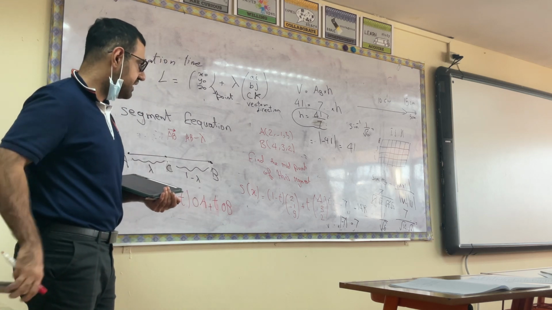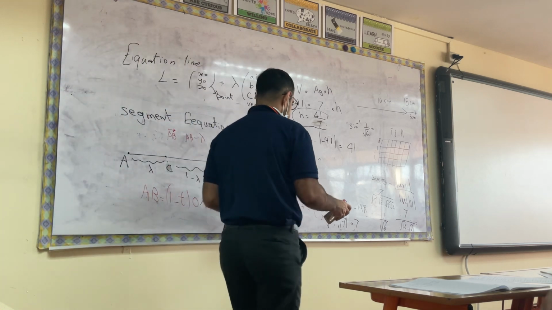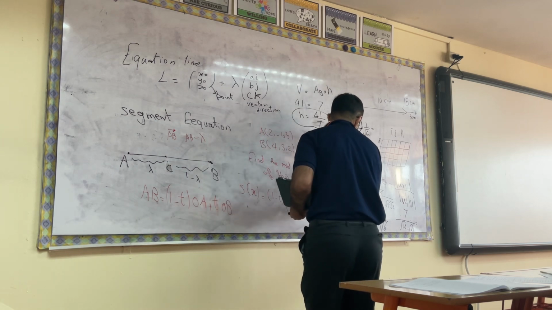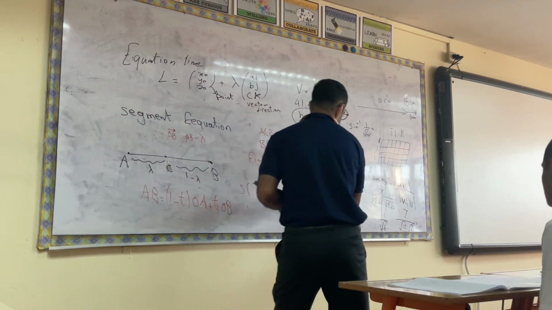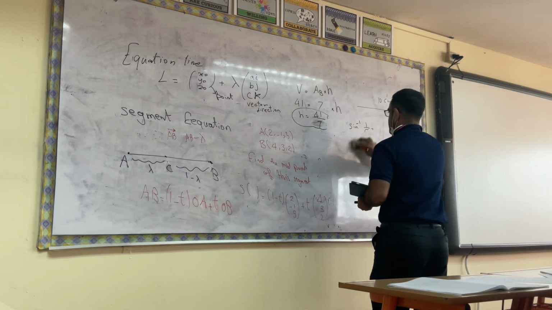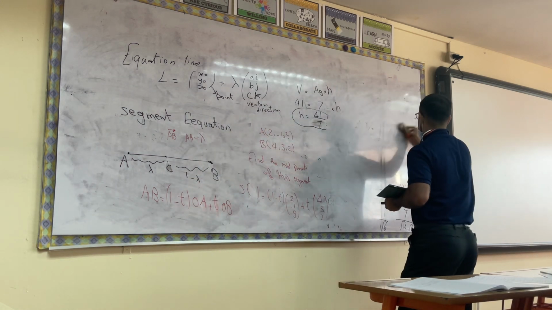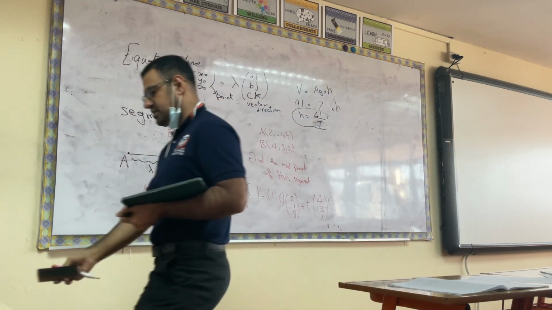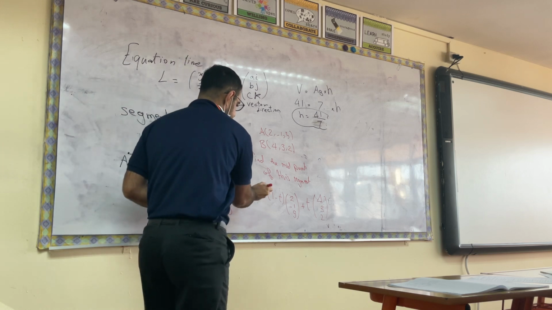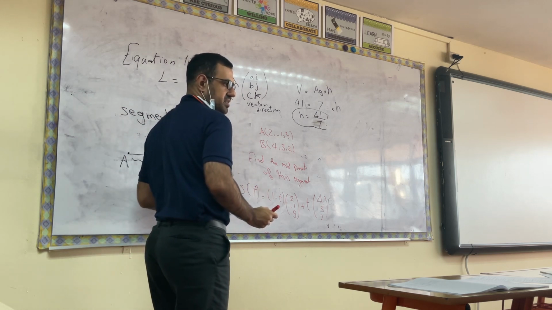Okay, is it clear? Now let's find the midpoint here. So what is the midpoint? Oh, okay. I need to change. So here I'll consider the t. Here it's s t. Now I want to change t with half, right?